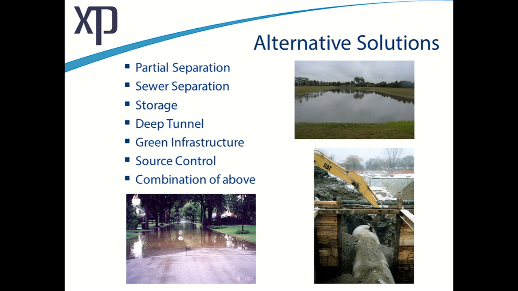But most likely it's going to be some kind of a combination of all of the above that you're going to end up doing to make this work for a combined sewer community.